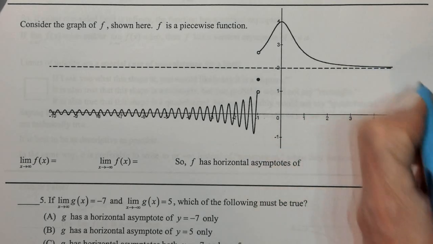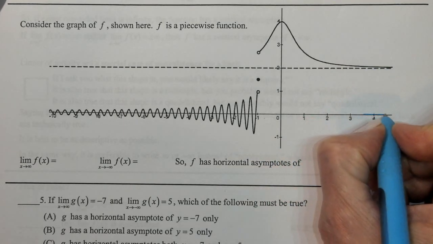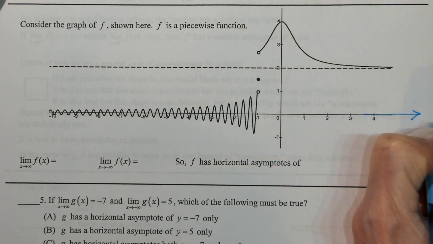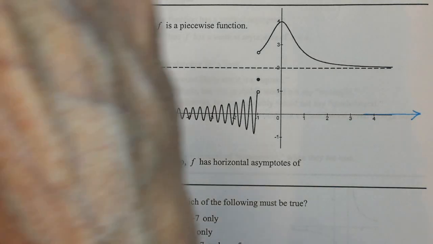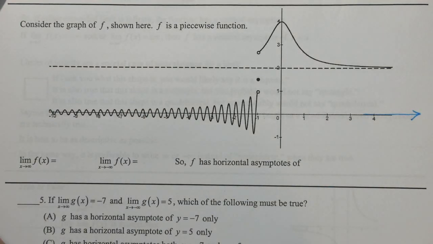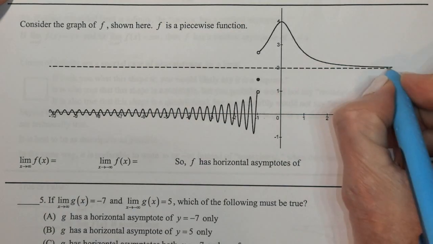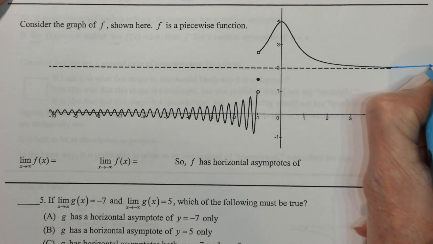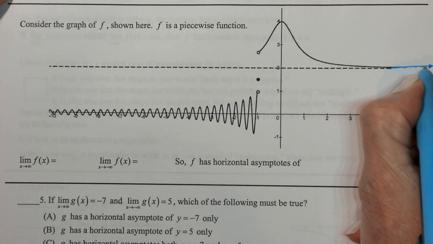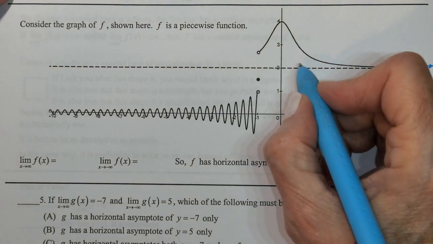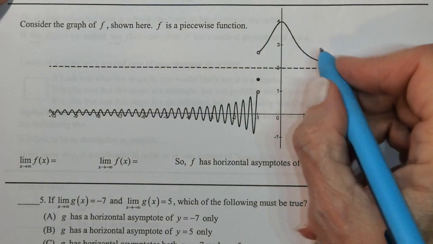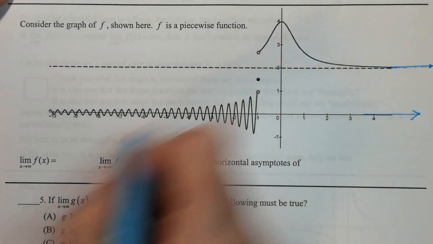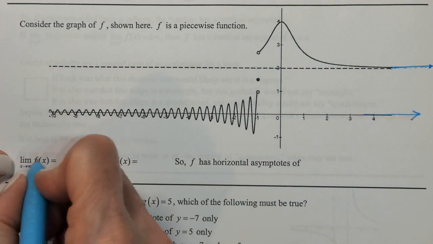I made this piecewise function on Desmos, it looks like. Okay, as x approaches infinity, what does it appear that y is getting closer and closer to as x goes to infinity? As x goes to infinity, this function appears to be approaching a y value of 2. So the limit as x approaches infinity is 2.